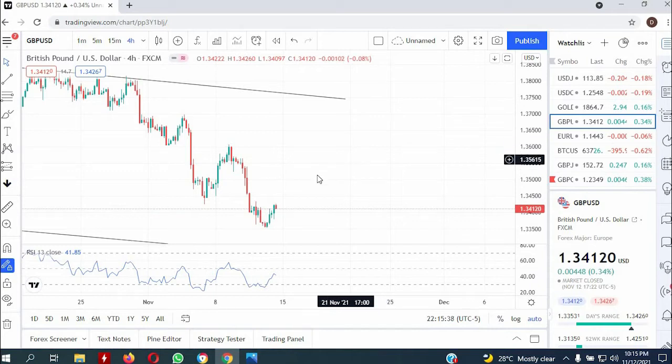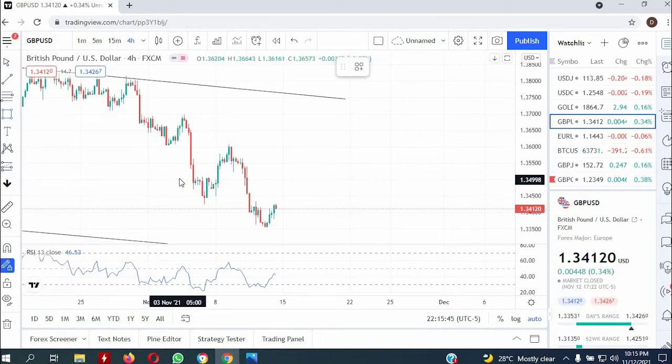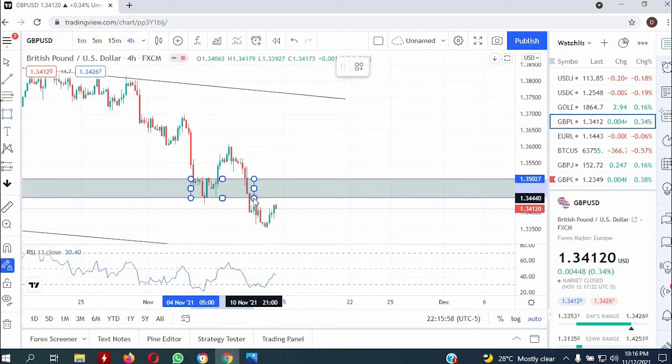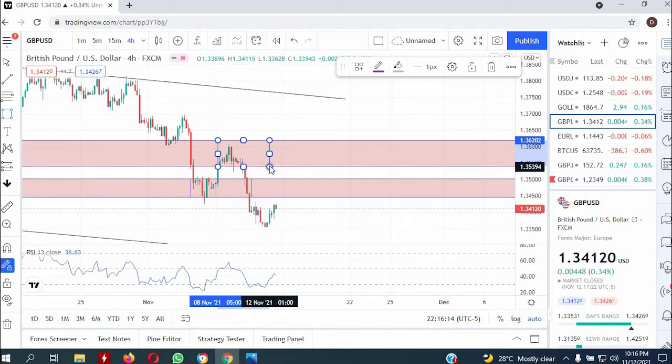So what I'll do, in this area right here, is wait for the GBP USD to come back to this area for a sell, as well as this area right here.